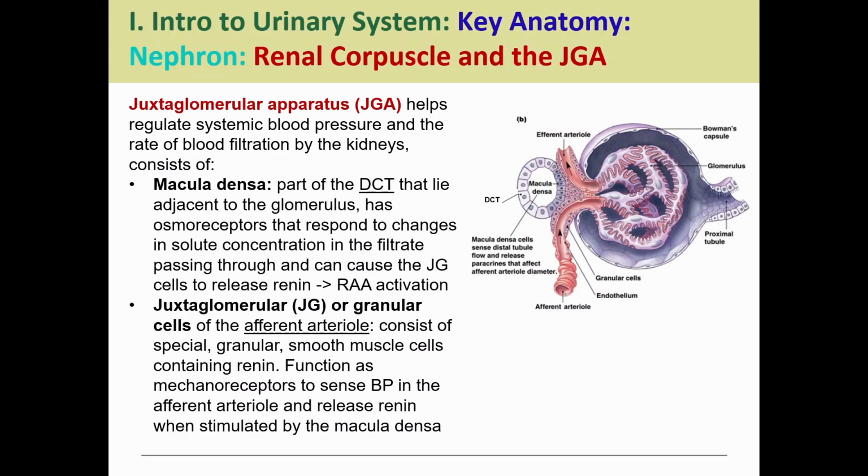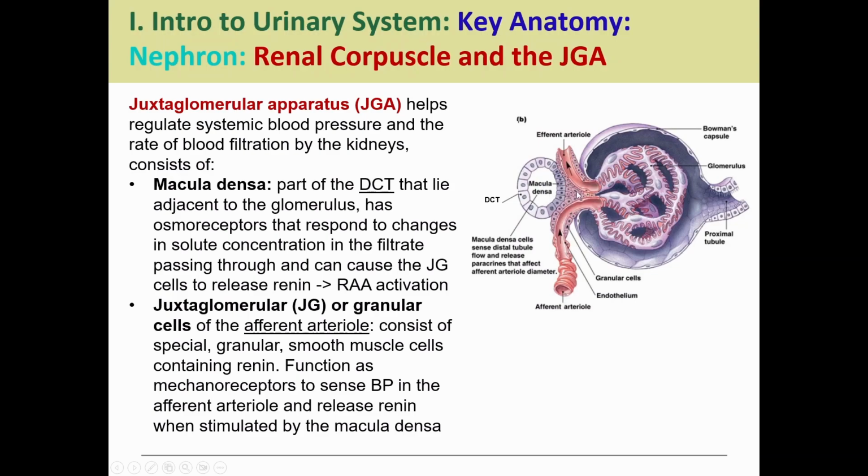Here is a cross section of that distal convoluted tubule, where we're looking inside the open space of the tubule, and we see these specialized cells right where we touch between the efferent and afferent arterioles.